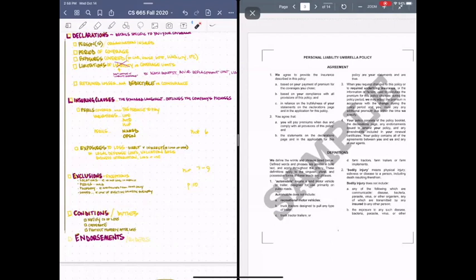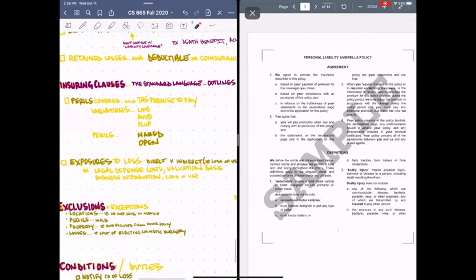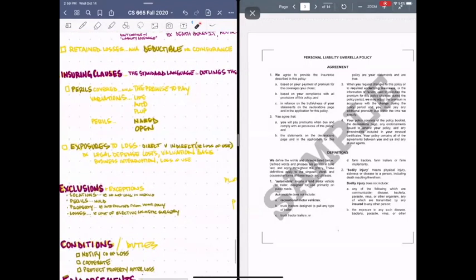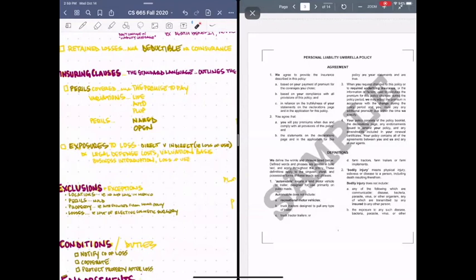Named peril policies are used when you have a piece of property that's substandard, that we really want to limit the things that we're going to insure it against. And so for the promise portion, the insuring clause tells us what perils are covered, and it's going to vary depending upon the kind of policy that you're purchasing. And then we're going to also list what the exposure to loss is.